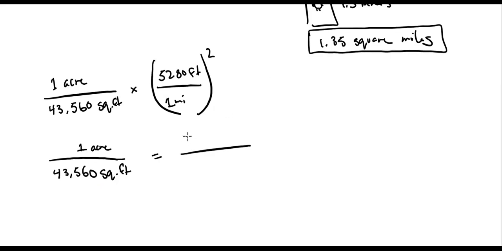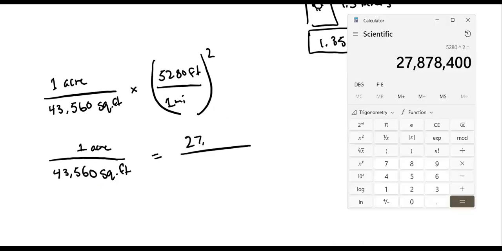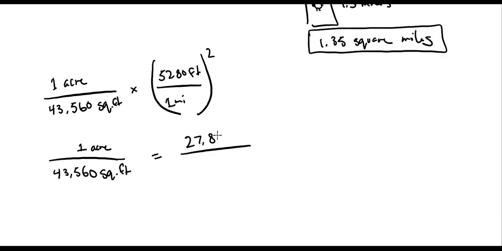I'm not going to remember that number. It's 27,878,400, and I've squared that, so it's square feet now. Beautiful. And then instead of just 1 mile, it's 1 square mile. The reason it's still 1 is 1 times 1 is just 1.